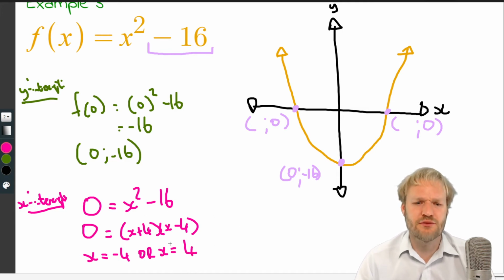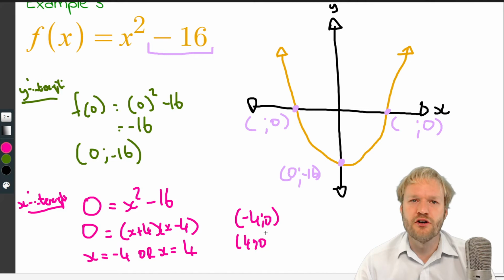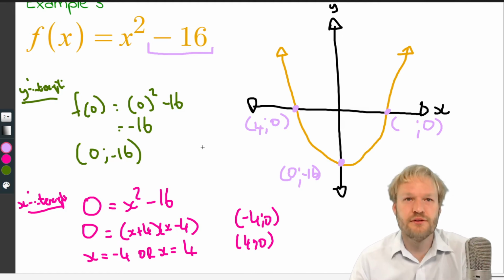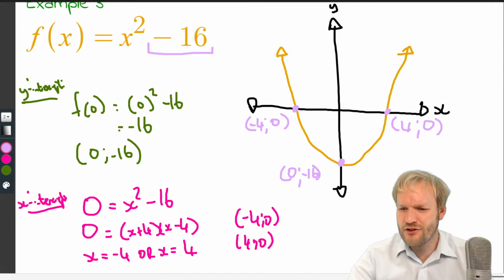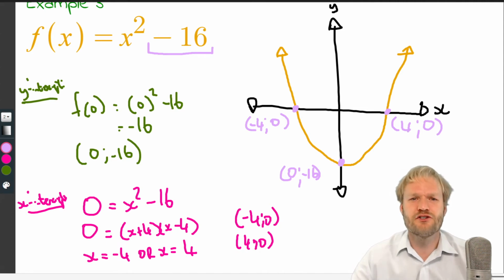That would be a nice way to solve this. So what we've worked out is that negative 4, 0, and 4, 0 are points, and they sit there on our x-axis. Really winning today, aren't I? Okay, so there are 2 points, and our function's pretty much drawn then.